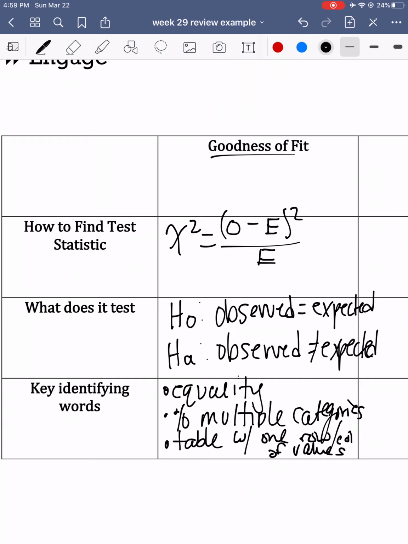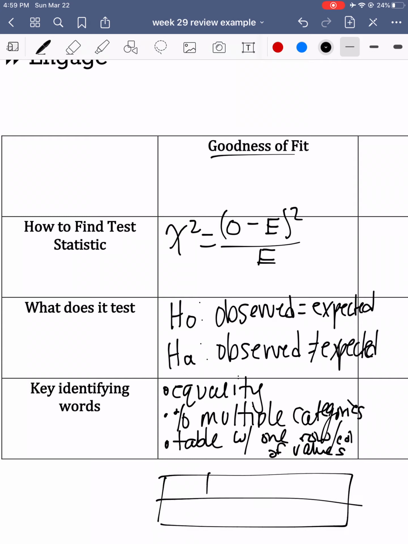This is really definitive of the goodness of fit test, because every time we have a problem, let's say we have some sort of categories up here, maybe freshmen versus seniors, or whatever it may be, and we have some values, it's a table that looks something like this.